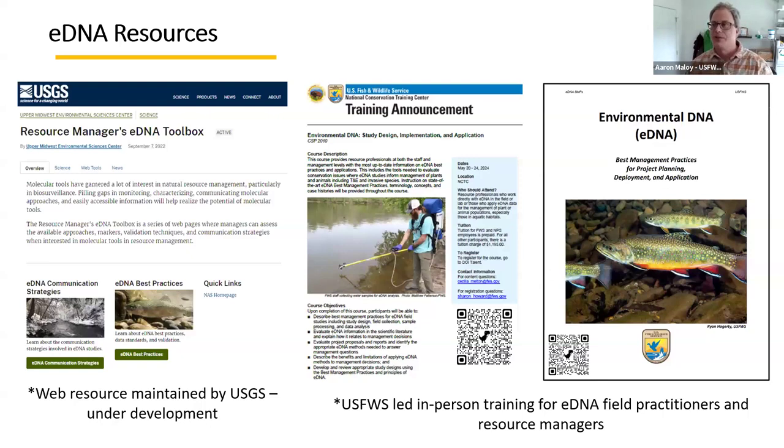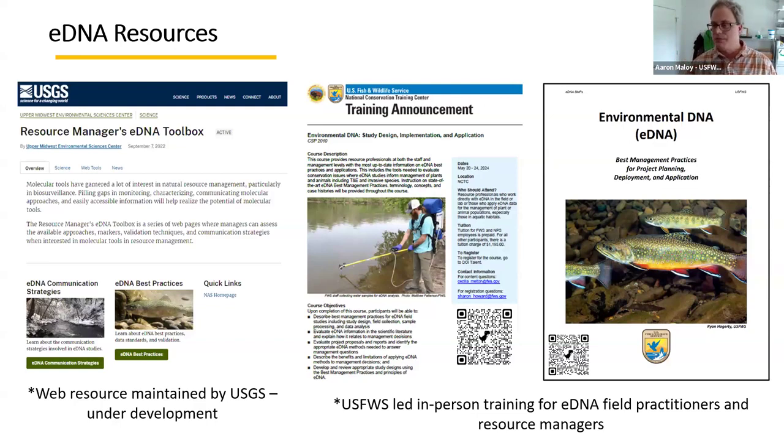For eDNA resources, there's a lot of resources out there. There's a lot of web resources. There's a lot of information in the primary literature. I'm just going to highlight two things here. One is the Resource Manager's eDNA Toolbox. That's a product that's coming out of the National Framework. This is a USGS-led enterprise. So it's going to be a web resource that will have information about eDNA, what is it, some of that introductory kind of information.